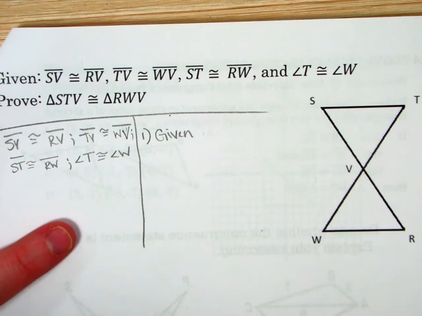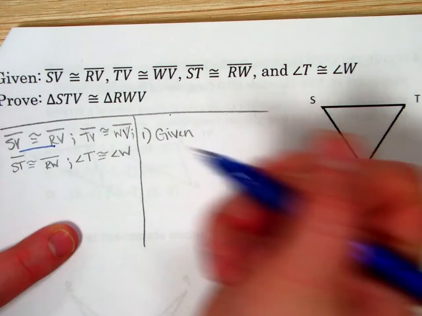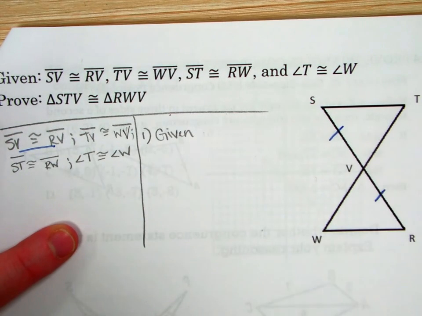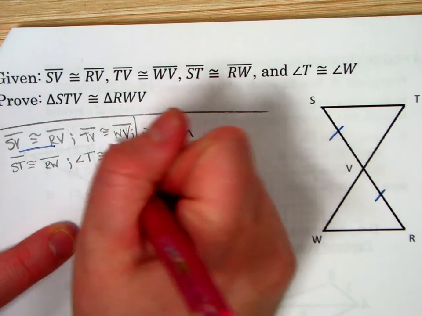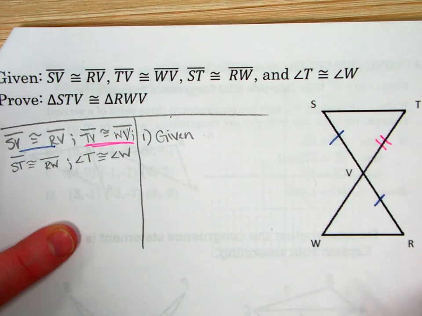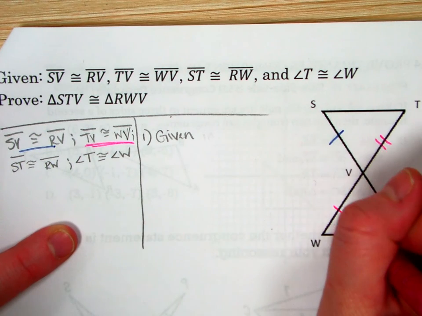So I'm going to make some markings on here so I don't lose track of what I have. So SV is congruent to RV. TV is congruent to segment WV.